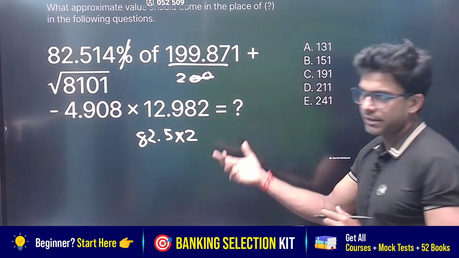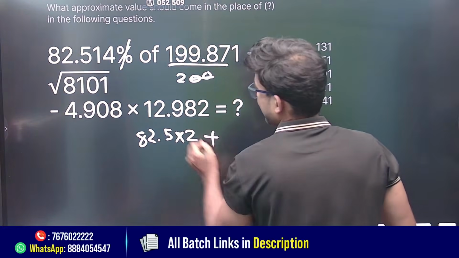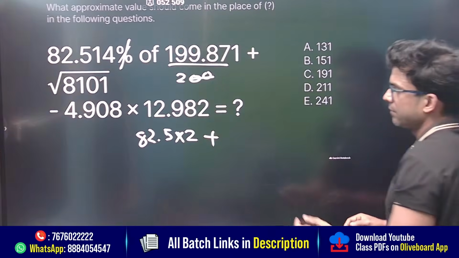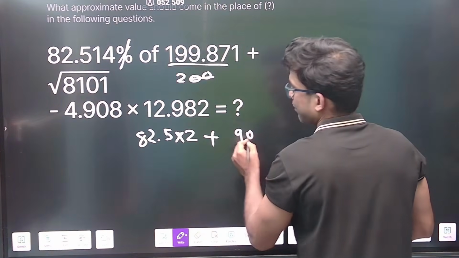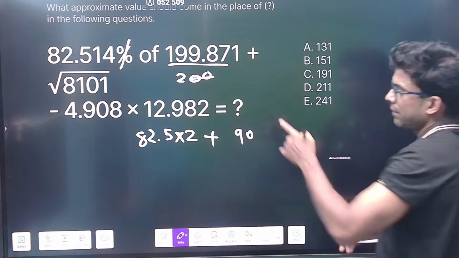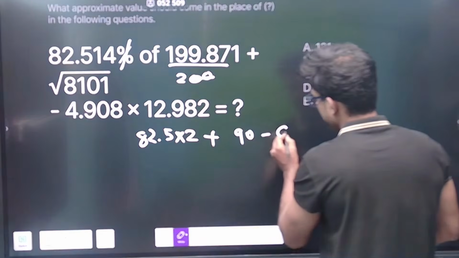Correct. Then plus 81.01, which would be approximately taken as 90, minus 4.90, which will be taken as 5, and 13 fives is basically 65. So I'll go for minus of 65.